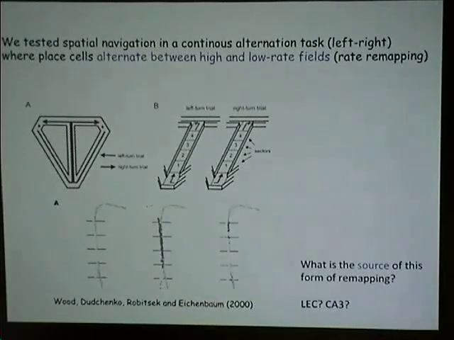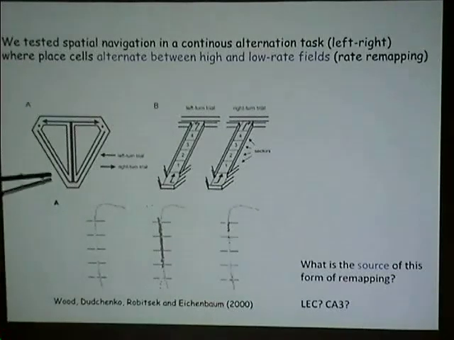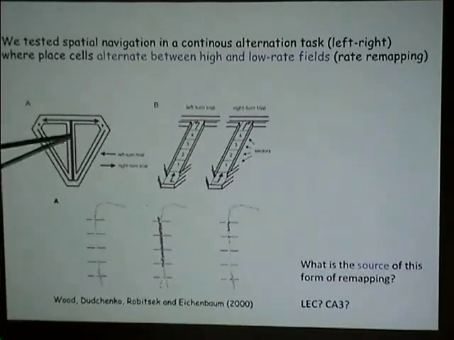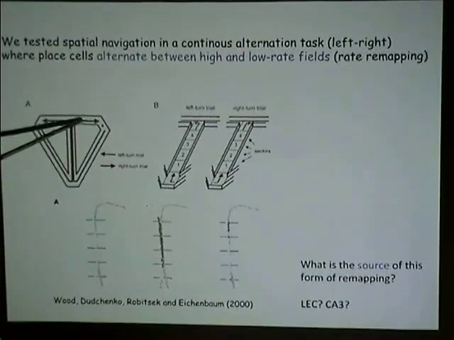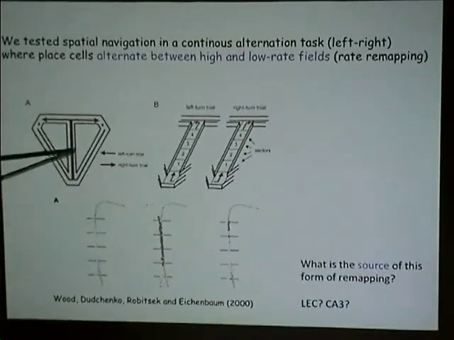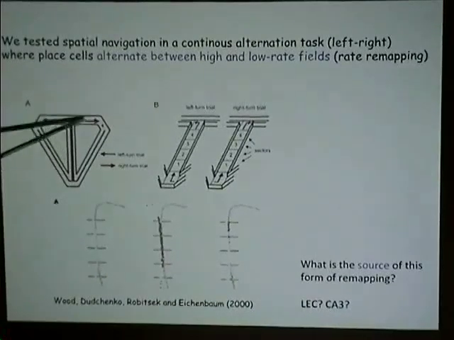So just to remind you, this is a task that was used especially by Emma Wood and Paul Dudchenko when they were in Eichenbaum's lab, which is this famous figure 8 task, or spatial alternation task. It involves the rat walking through a stem here and then alternating between right trials, going back like this, left trials like this, and so on.